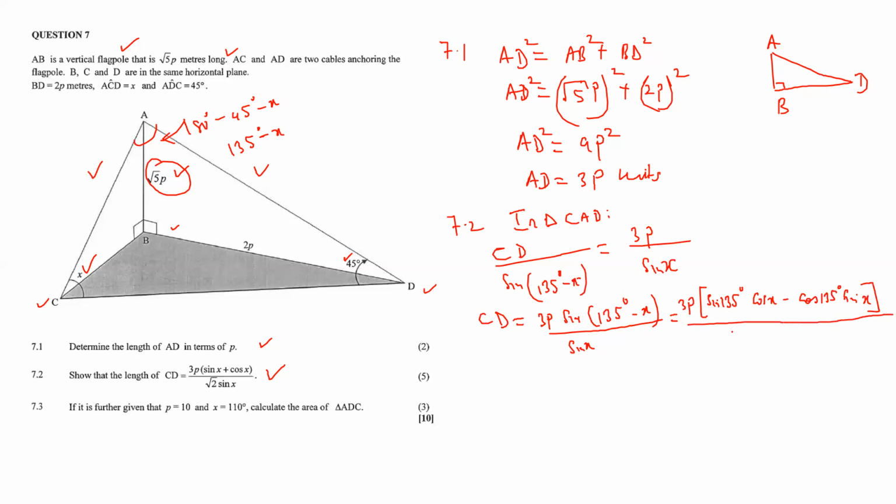This is all divided by the trigonometric sine of X. So we can simplify these. How do you simplify these?